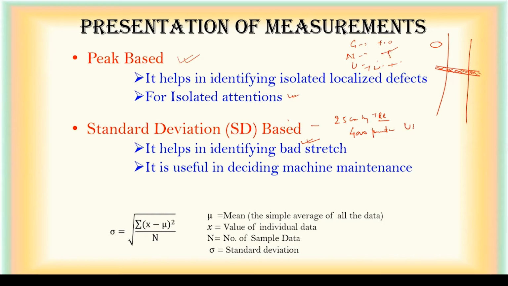Like if I say alignment of left rail, that data will be 4,000 numbers in 1 kilometer. Alignment of right rail, 4,000. In such a way, we get a number of data points for each defect.